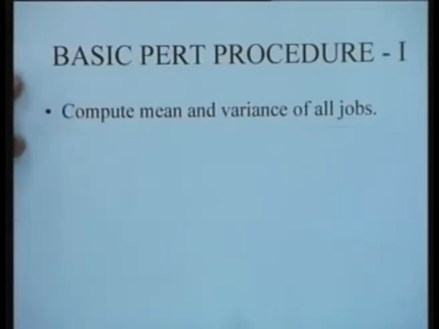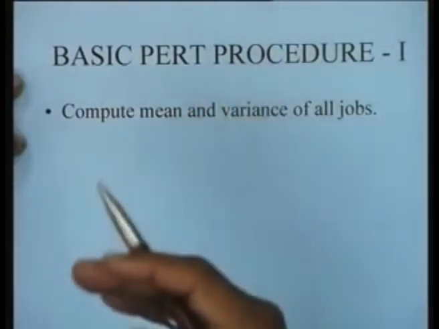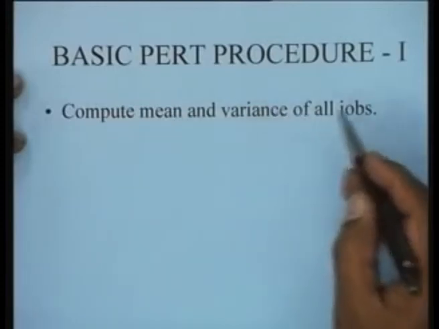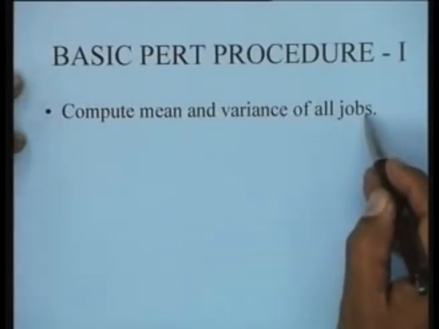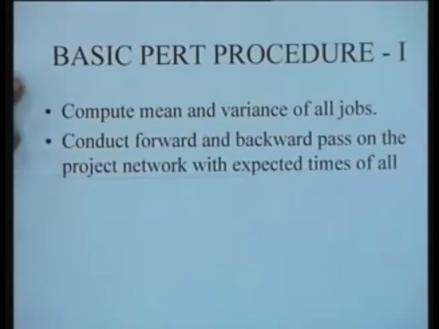Now, when you try to use PERT analysis, the first step is generally, after you have obtained information about the activities and their times and all that, to compute the mean and the variance of all the jobs. So you compute the mean and variance of all the jobs.